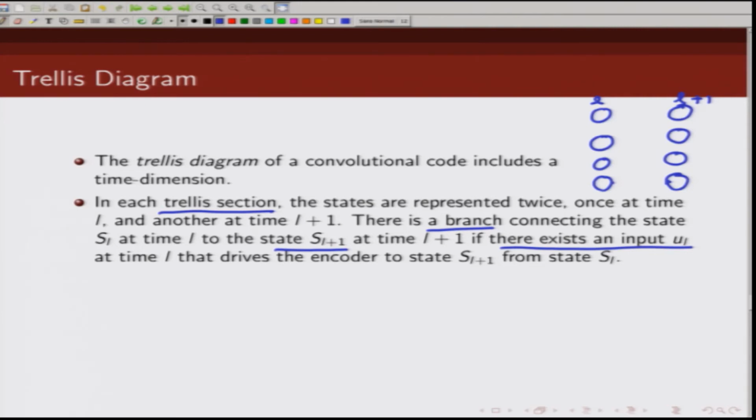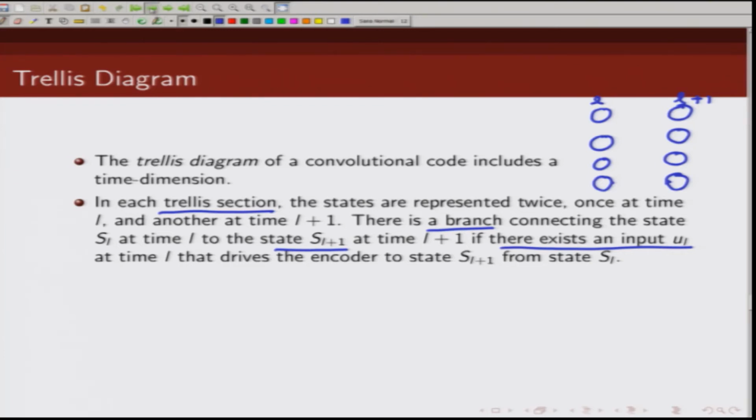There will be a valid transition from a state at time L to a state at time L plus 1 only if there exists an input that will drive the encoder from this state to some other state in the next time instance.